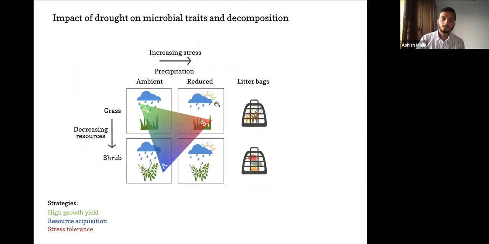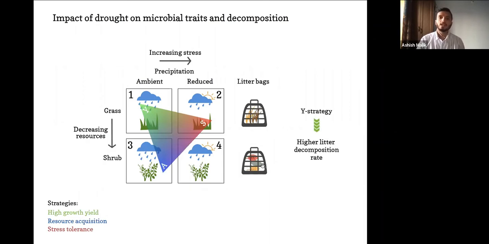In the drought environment, stress tolerance will be one of the traits that will be predominant. And in shrub communities, the resource acquisition trait will be dominant because this is a more difficult to degrade substrate, which will need some extra investment in extracellular enzymes of various kinds.